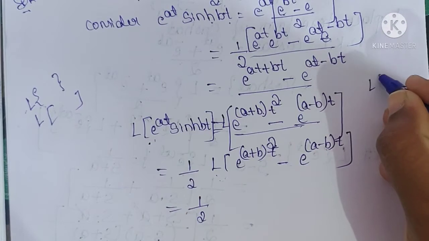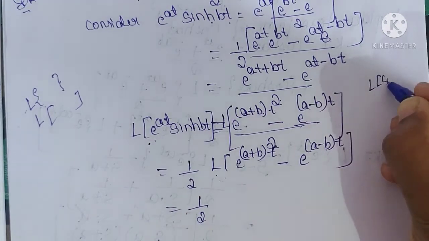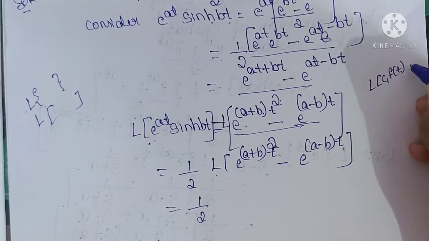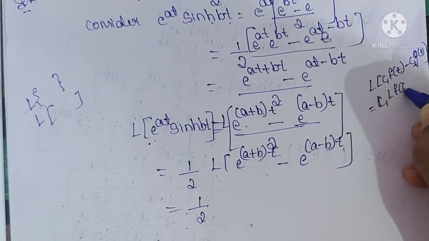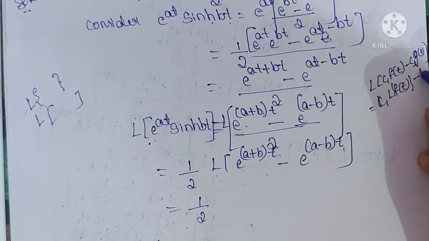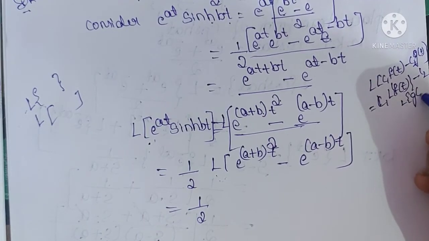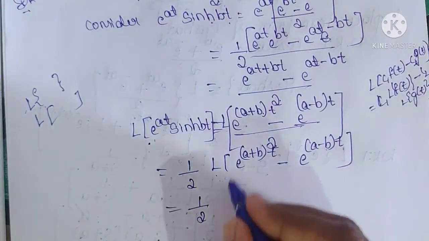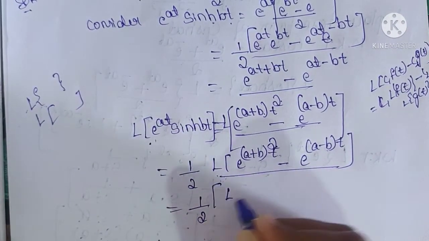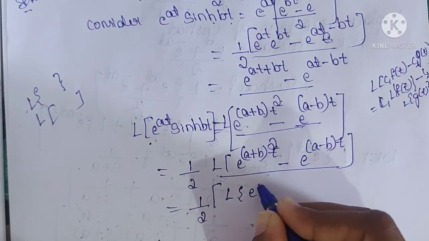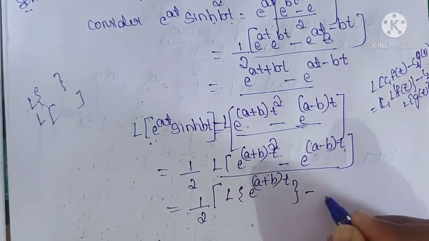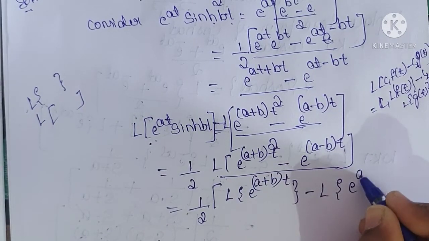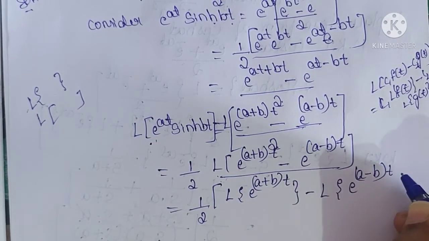Laplace transformation of c1 f of t minus c2 g of t can be written as c1 L of f of t minus c2 L of g of t, by properties. This can be written as L of e power (a plus b) t minus L of e power (a minus b) t.